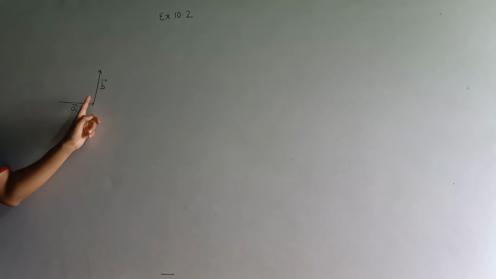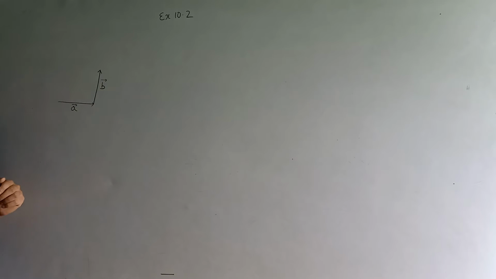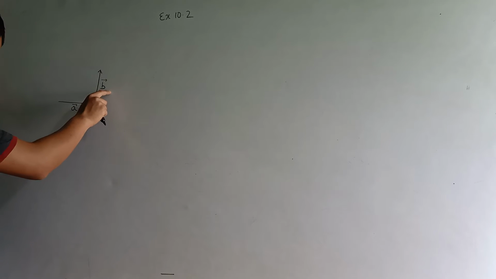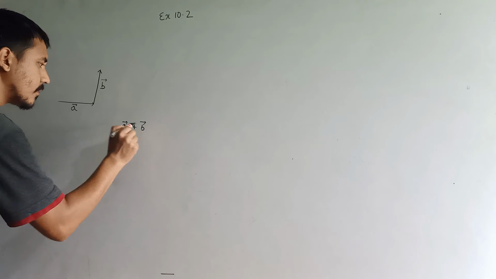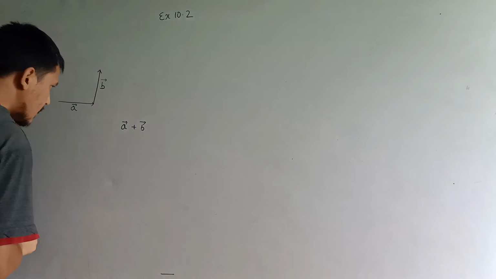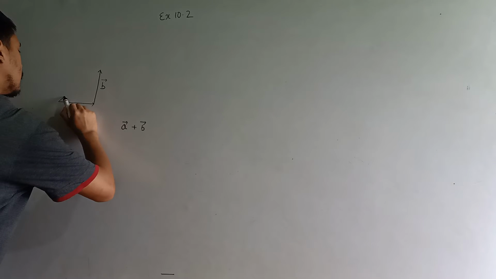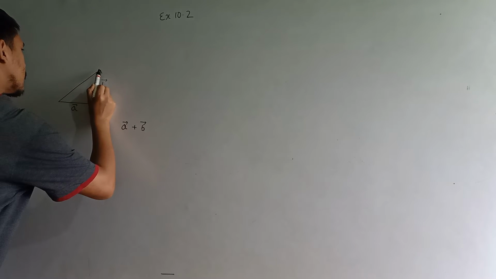So if two vectors are represented by two sides of a triangle, then their sum, which means vector A plus vector B, is given by the third side of the triangle taken in opposite order.